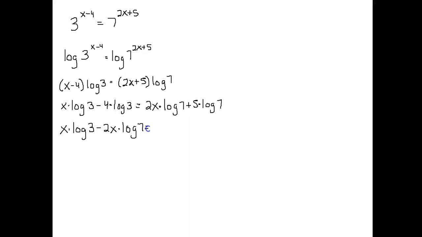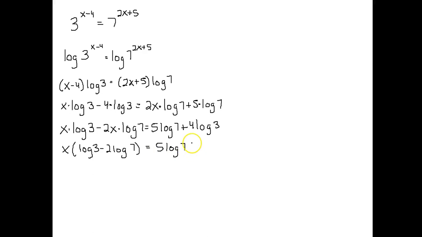And I'm going to add 4 log 3 to both sides. All right. I can factor out an x from here. I have log 3 minus 2 log 7. Then I can divide both sides by log 3 minus 2 log 7.